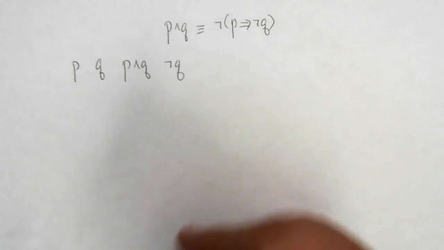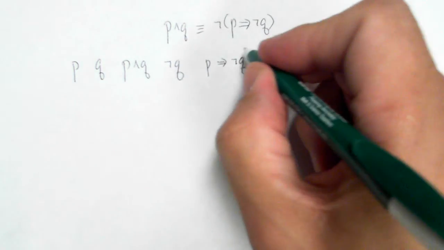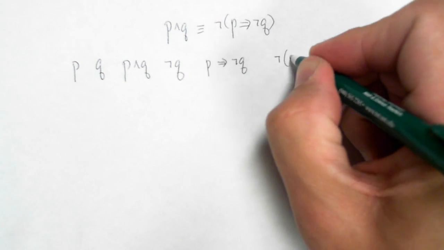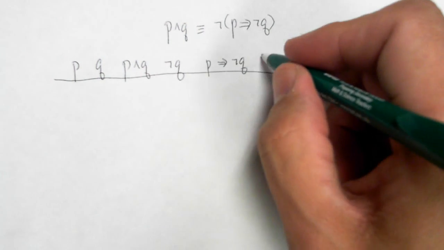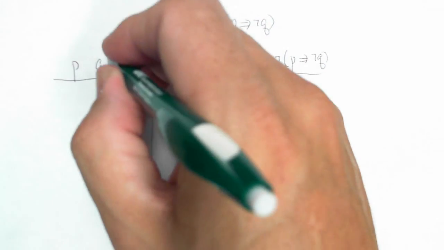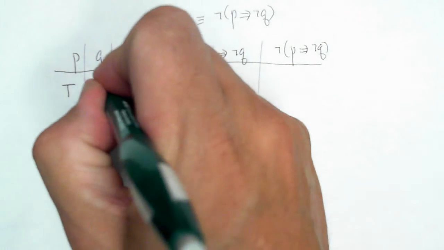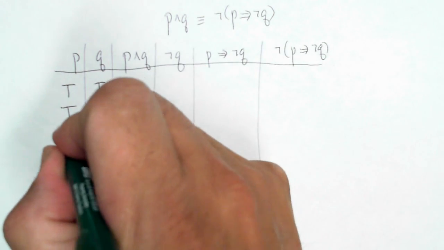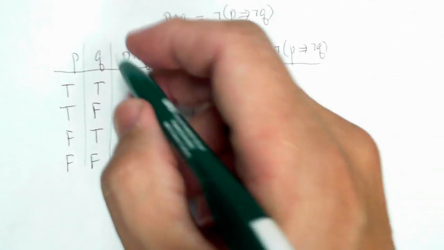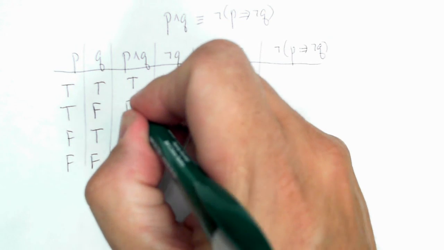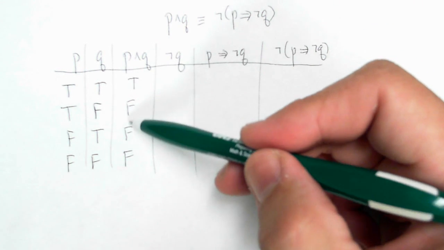Once I have not Q, I then will figure out what P implies not Q is. And then once I have that, I'll take the negation to get the negation of P implies not Q. Okay, so true, true, true, false, false, true, false, false. Okay, take the conjunction. The conjunction is true if and only if they're both true. So there's the conjunction: true, false, false, false.